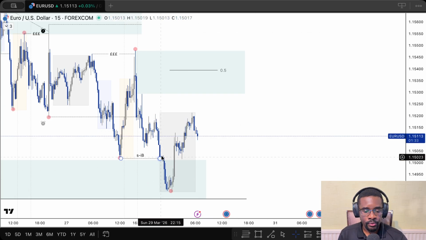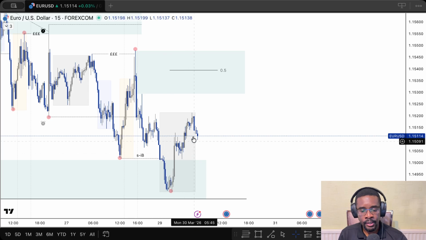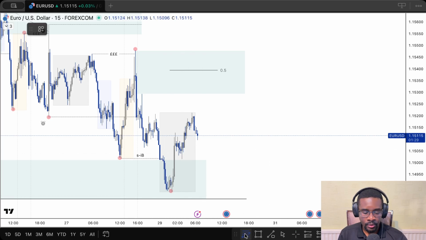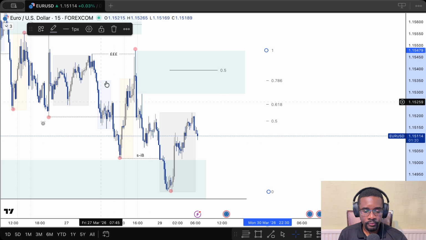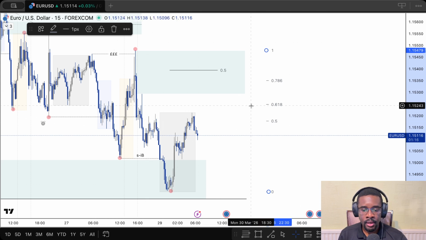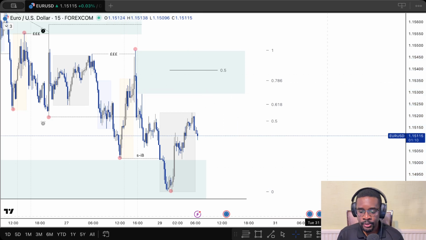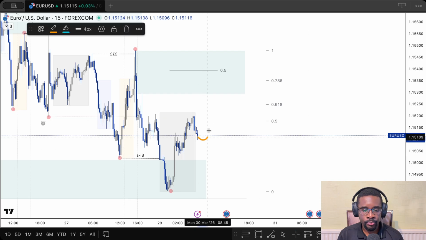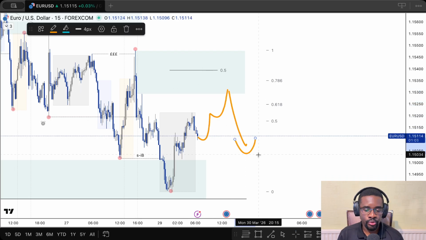So after breakout structure, we do expect a pullback. So this is the pullback, and then let's see. Within that range, price has mitigated equilibrium, and there's still room for price to push up to the top. So this will be my expectation for today, for price to come up, mitigate this, and then look for shorts.